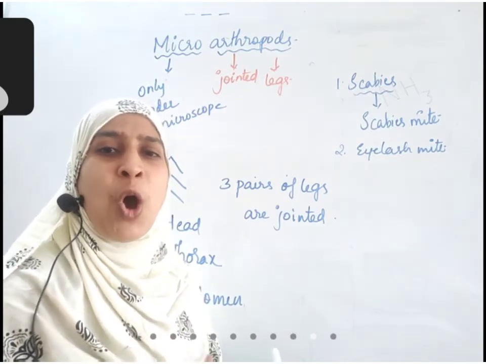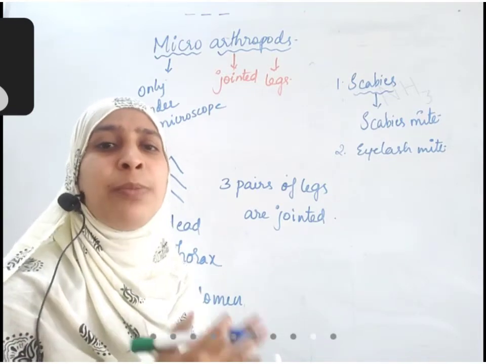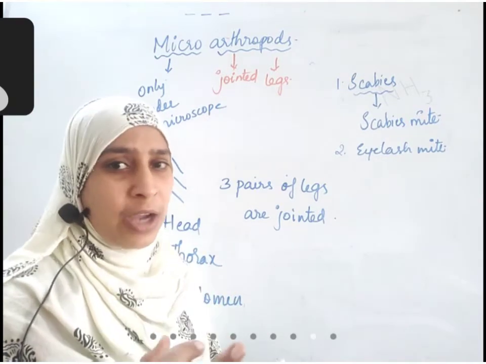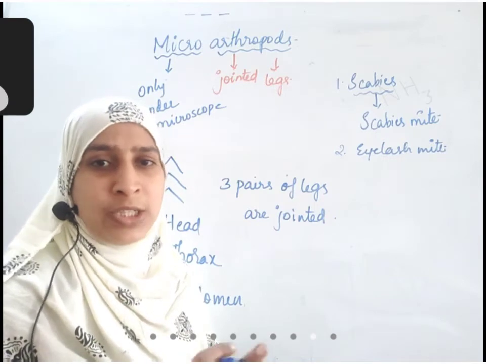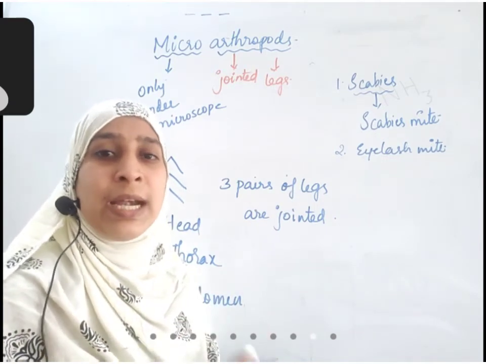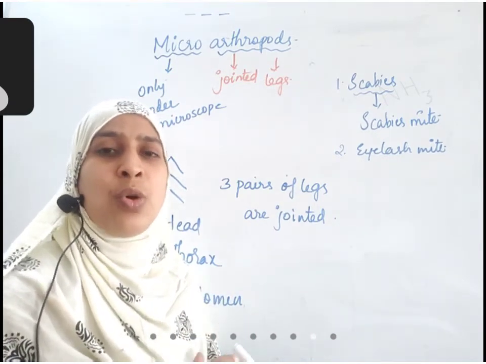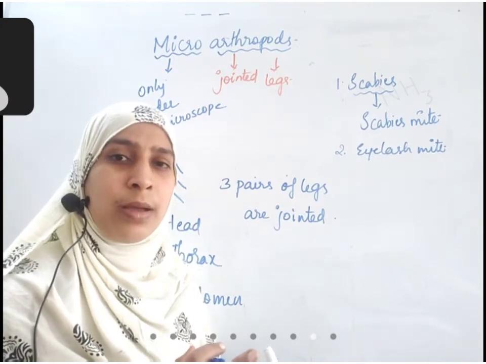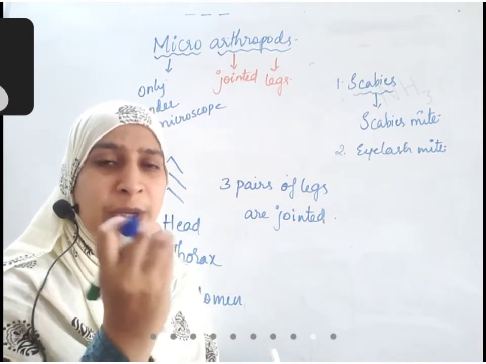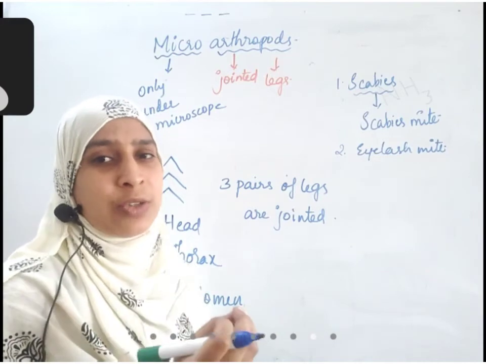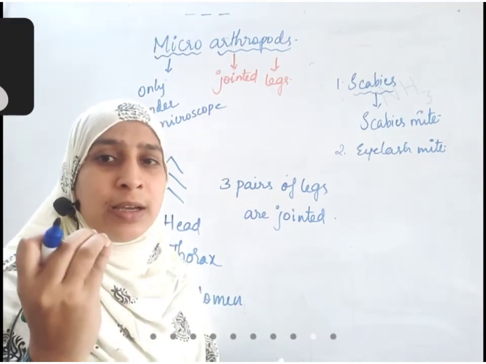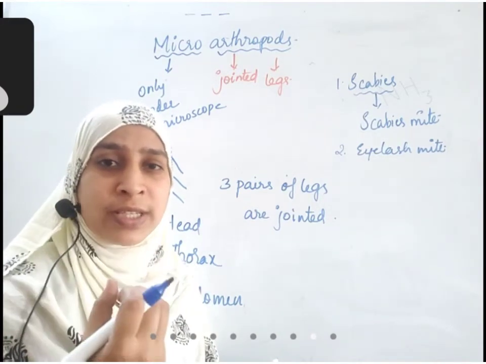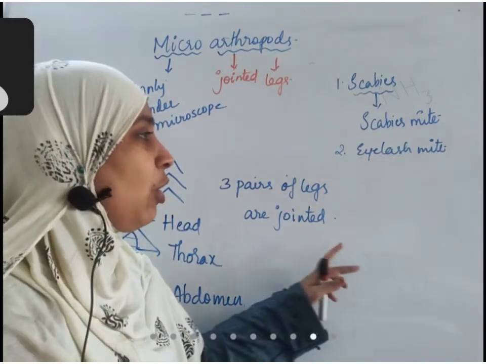If you count up all the dead cells generated from your body, per year it is around 2 to 2.5 kgs of dead cells released. So these dead cells will be food for these mites. They come and sit on the eyelashes, they sit on our skin. So these are harmful to our body.